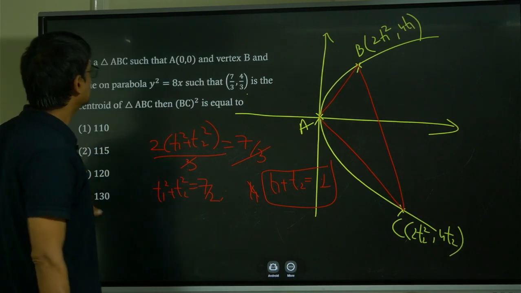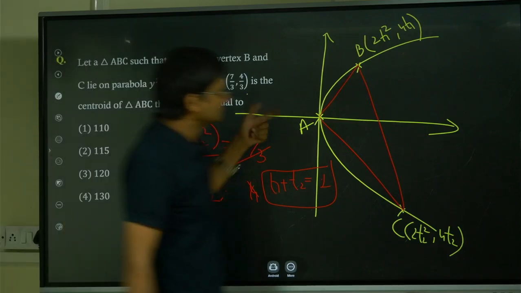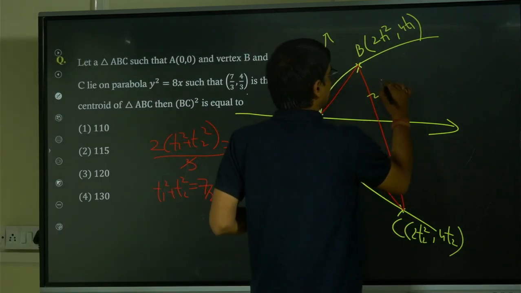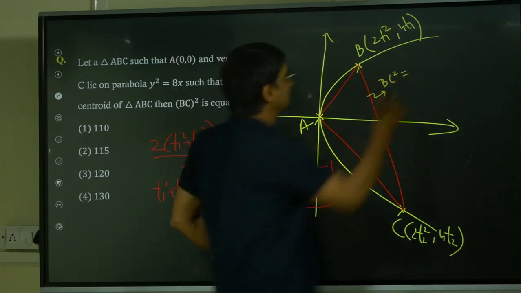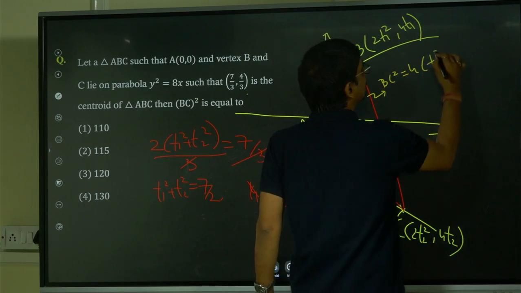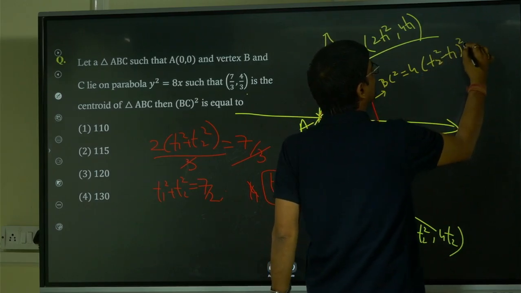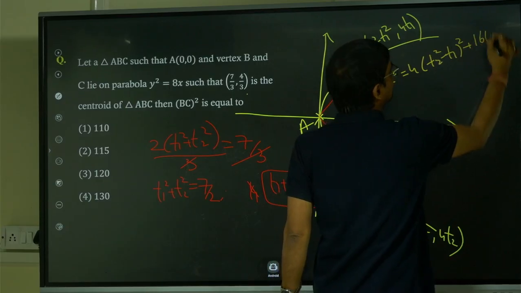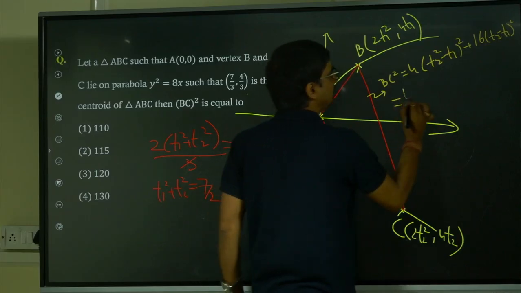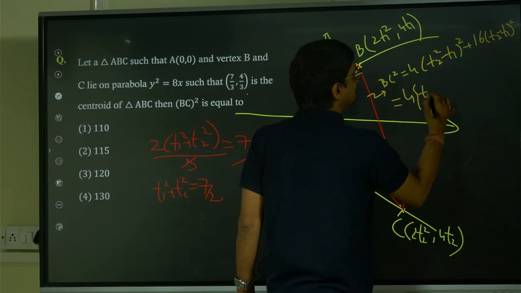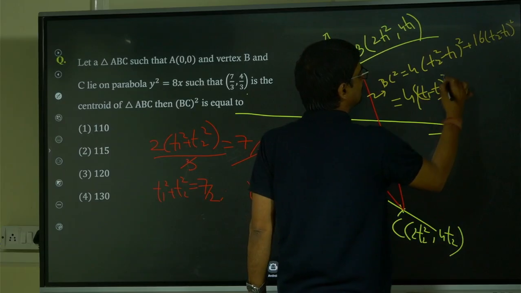Now what do we need? BC square. So what is the length here? BC square is (x2 minus x1) whole square, that is 4 square (t2 square minus t1 square) whole square, plus 16 (t2 minus t1) whole square. Okay, so 4 common, and then (t1 minus t2) square also common.